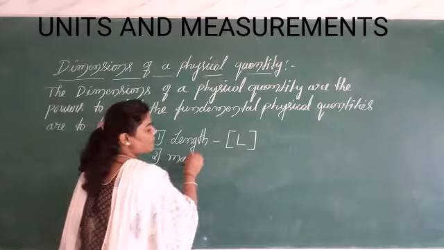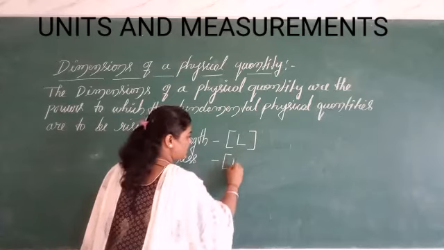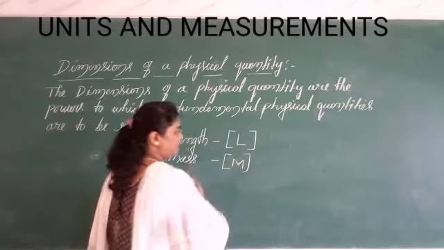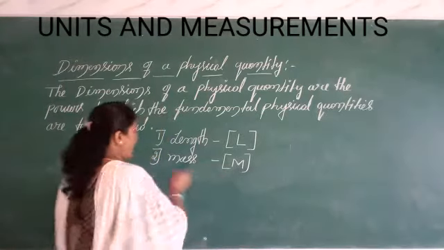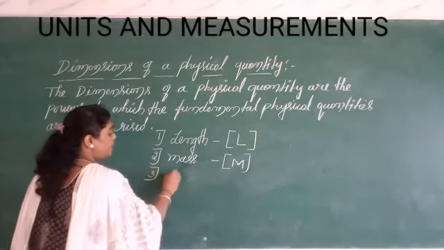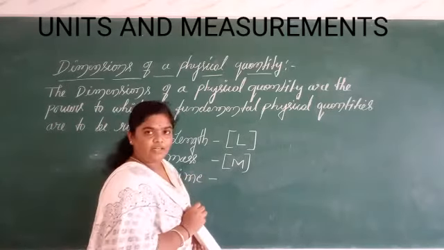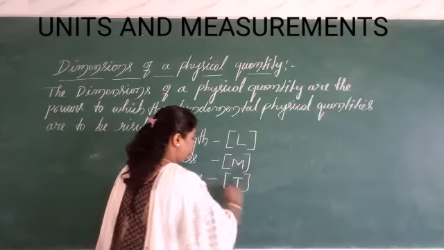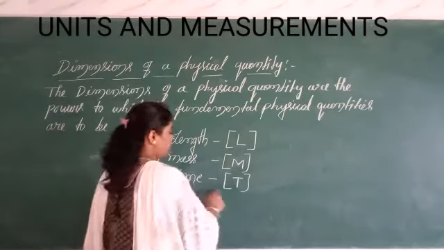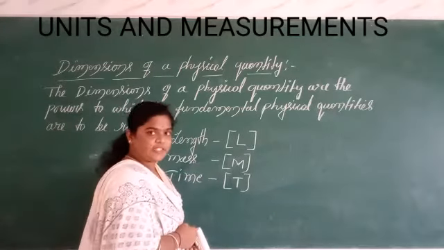The second fundamental physical quantity is mass, represented by capital M. The dimension of mass is M. And the third one, time. Time is a fundamental physical quantity and the dimension of time is capital T.